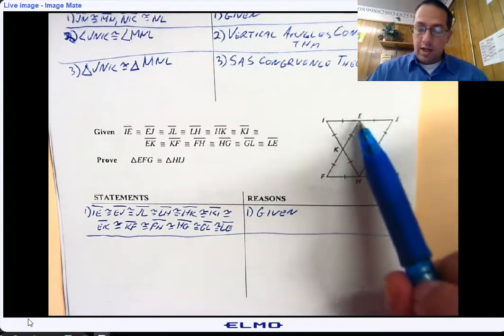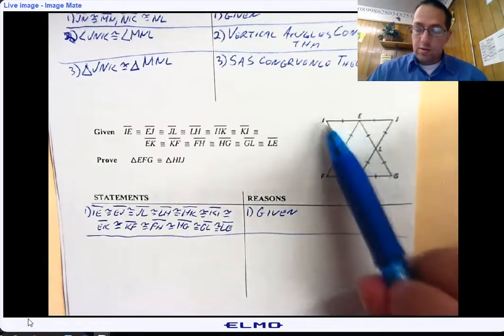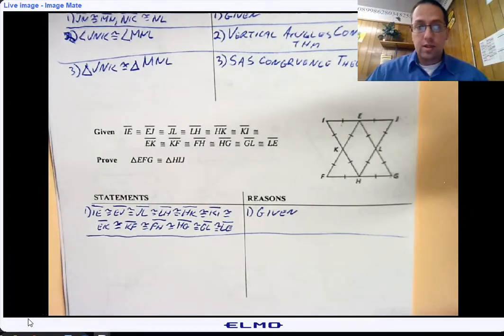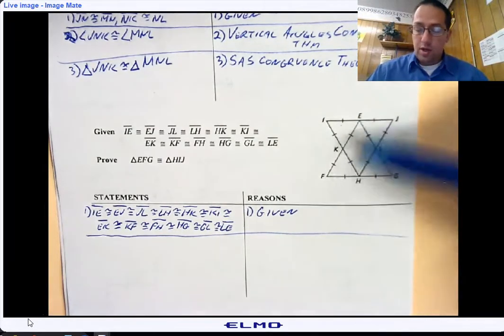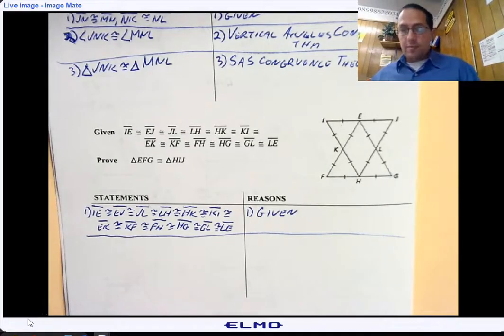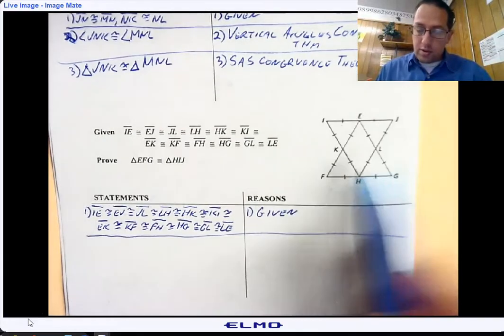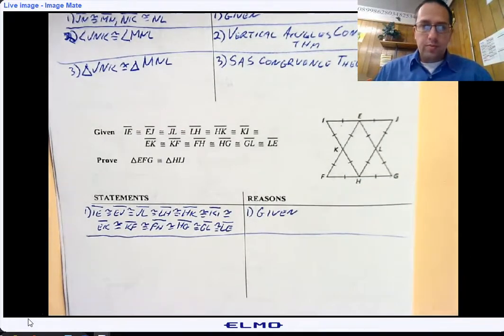So IE plus segment EJ, the lengths of those would equal the length of segment IJ, right? That's segment addition. And that would get us something to do with the sides of these two larger triangles. We could add up the lengths of the sides.